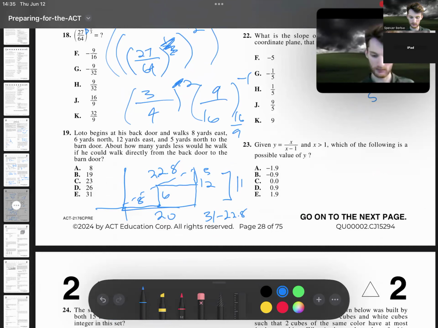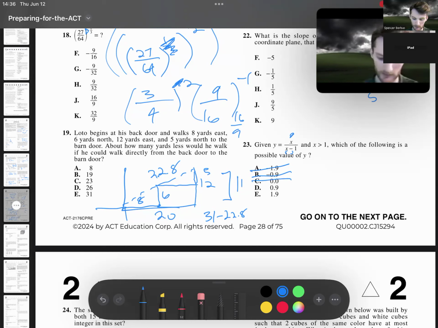Given which of the following is a possible value of y? All right, if x is greater than 1, then y must be positive because this is positive, and greater than 1 means it's greater than 0, so it must be positive. So it's definitely not these. And it's greater than 0.